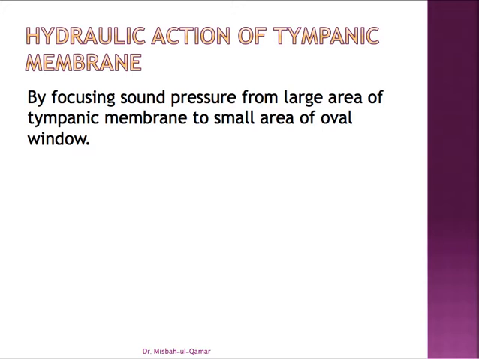But the effective vibratory area of the tympanic membrane is only 2/3. So the effective areal ratio is reduced to around 14 to 1. Now this hydraulic action of the tympanic membrane is basically a mechanical advantage provided by the larger surface area of the tympanic membrane, which is focused on the smaller area of the oval window.